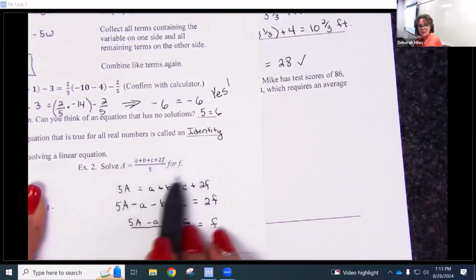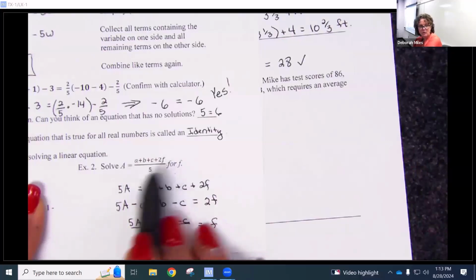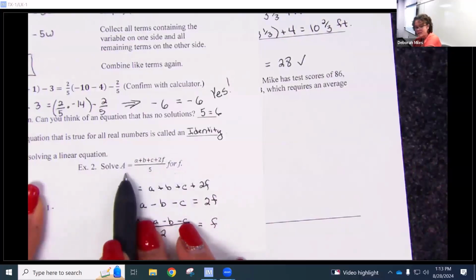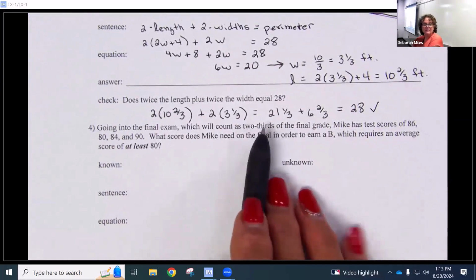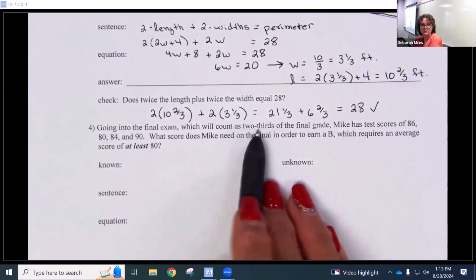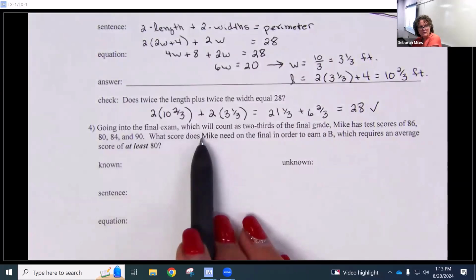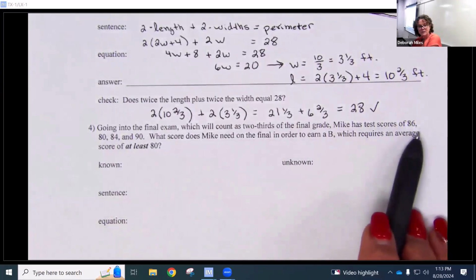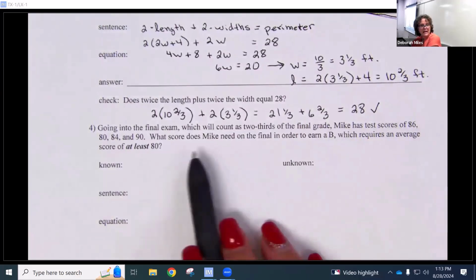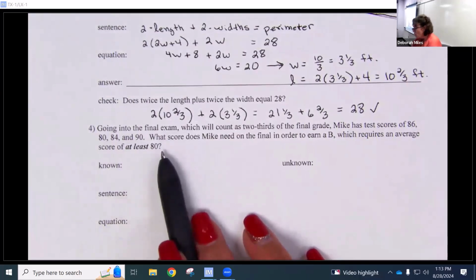I said this equation could be used to solve for what you needed to make on the final to get any average you wanted. This problem's very much like that, but rather than the final counting twice, the final counts 2/3 of this person's grade. Going into the final, and the final's 2/3 of his grade, Mike has test scores of 86, 80, 84, and 90. That's how many points he's already earned.